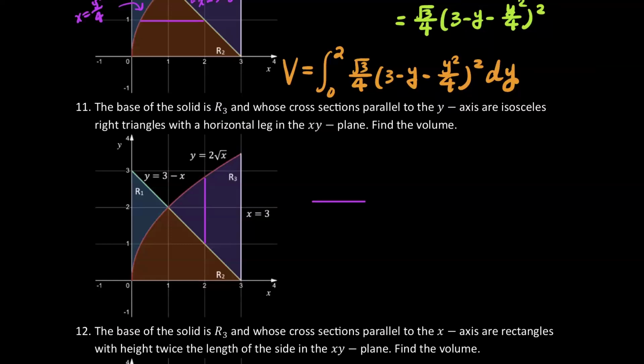And we're looking at isosceles right triangles with a horizontal leg in the xy plane. So that's one of the two legs of the right triangle.